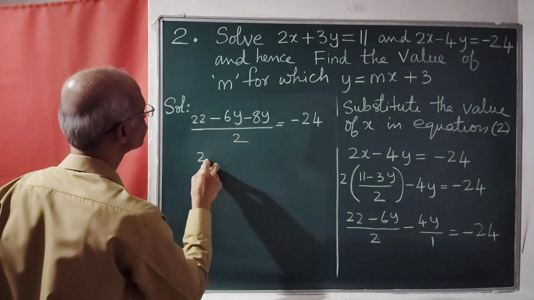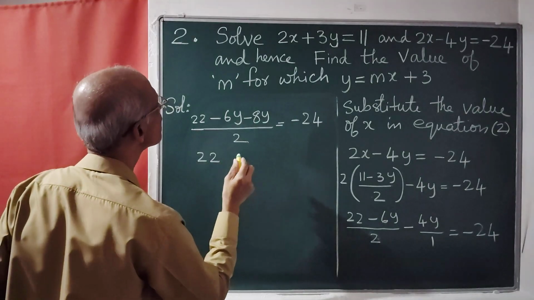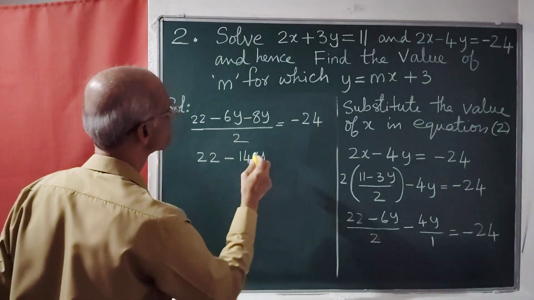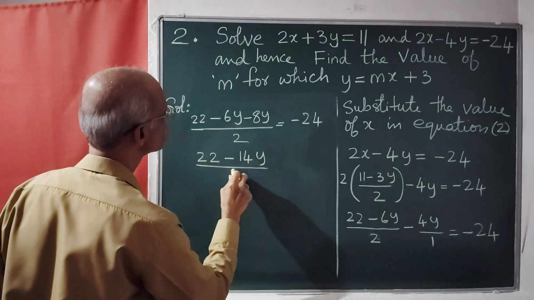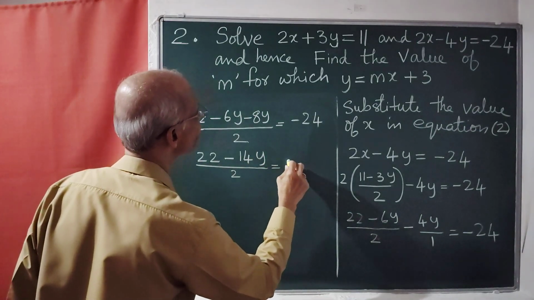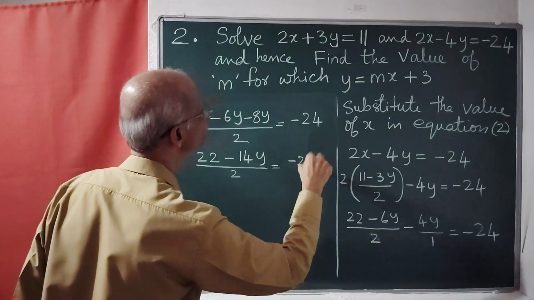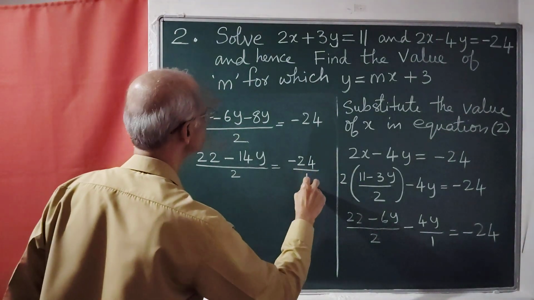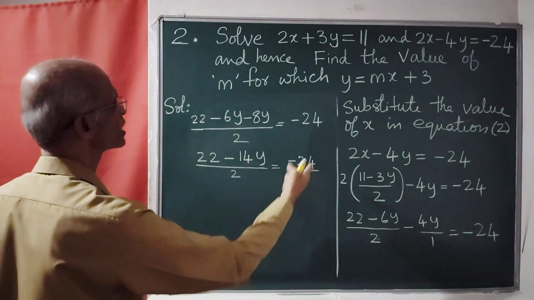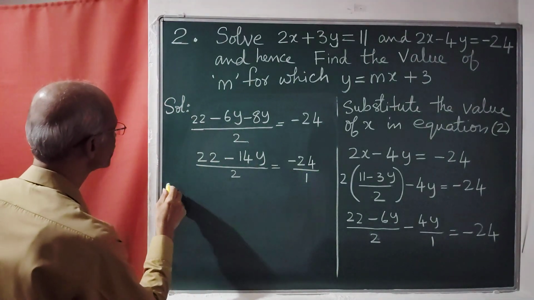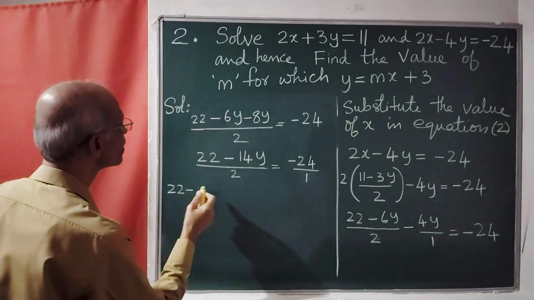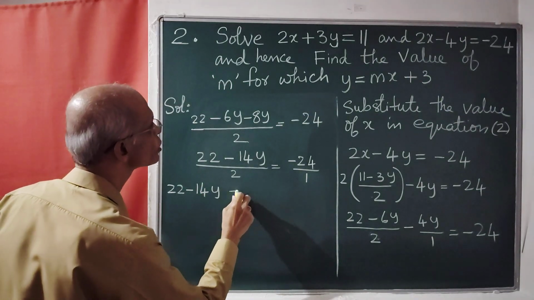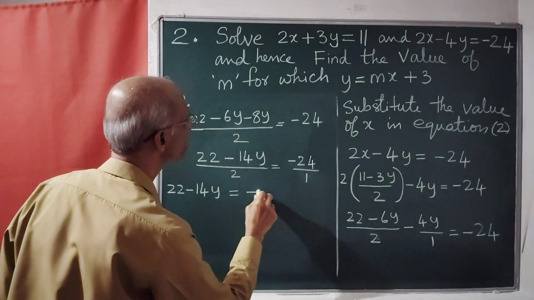So 22 minus 14y the whole by 2 will be equal to minus 24. I can put 1 here. Now I'll go for cross multiplication. So 22 minus 14y is equal to minus 48.